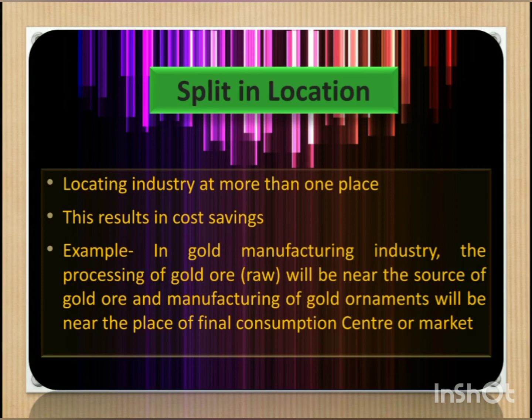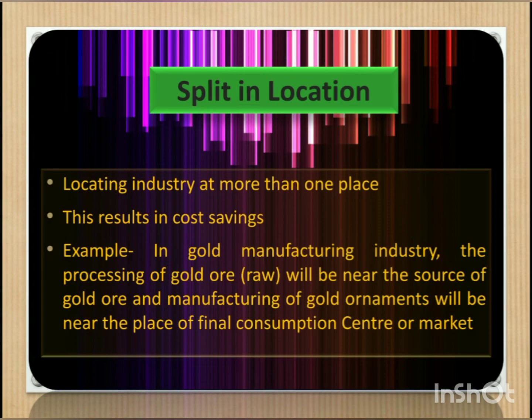This results in cost savings. For example, in gold manufacturing industry, the processing of gold ore will be near the source of gold ore, and the manufacturing of gold ornaments will be near the place of final consumption center or market.